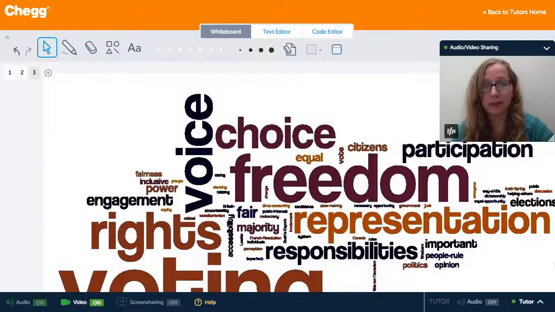Representative democracy actually came about because of the American founders. They were not in favor of the monarchies that were found in Europe at the time, so they wanted to try something different.